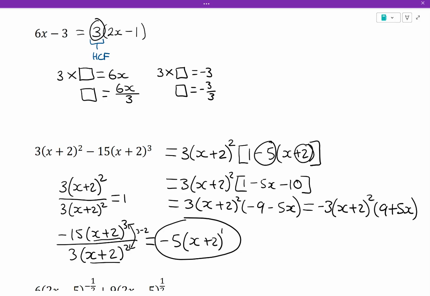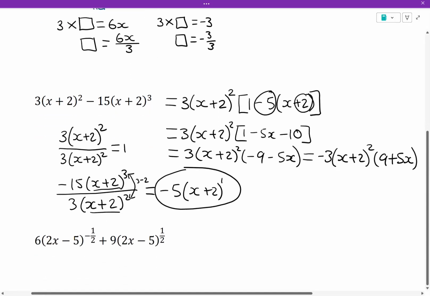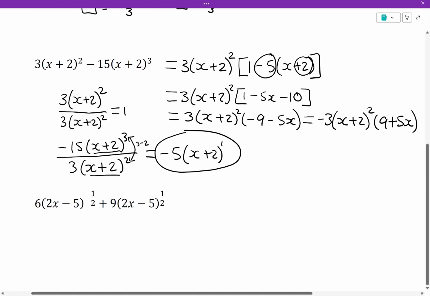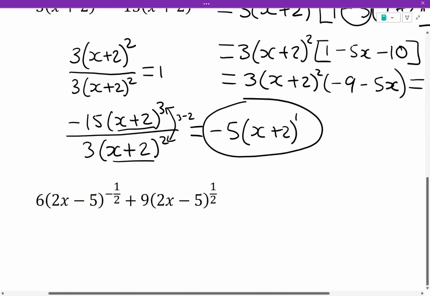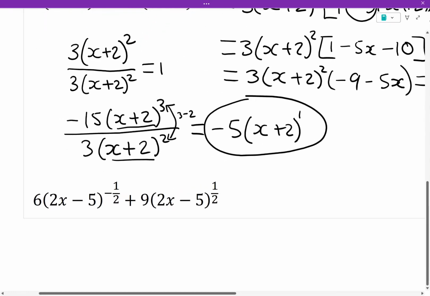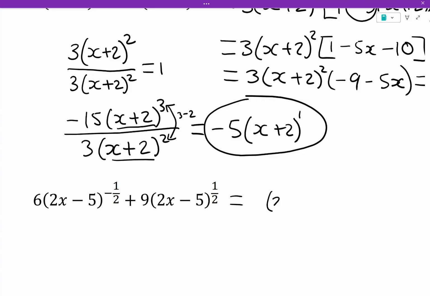Okay, let's look at the hardest type of question we can get, which is when we have fractional powers like we've got here. So step 1, we need to figure out what our highest common factor is. If we look at both terms, clearly the 2x subtract 5 is present in both of them. And usually when we factorize, we pick our lower power.